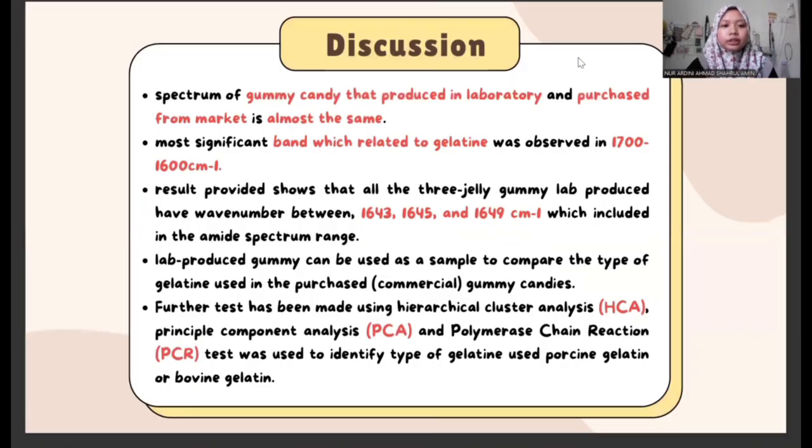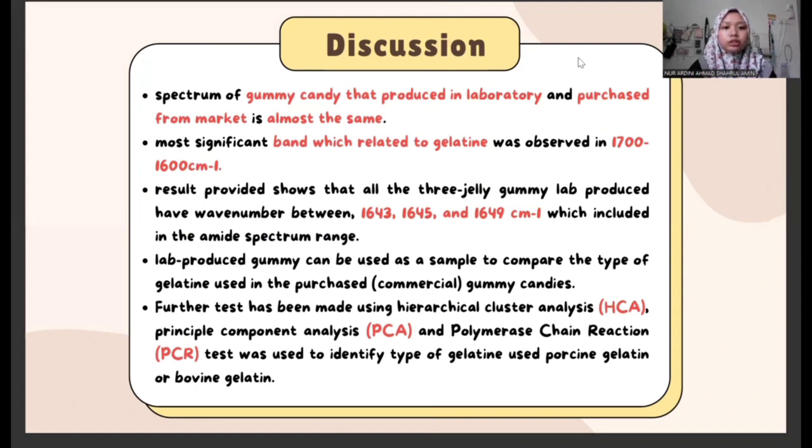The spectrum was observed and has been classified into this table. For the discussion, the spectrum of gummy candy produced in the lab is almost the same as the jelly gummy purchased from the market. The most significant bands related to gelatin were observed at 1700 and 1600.